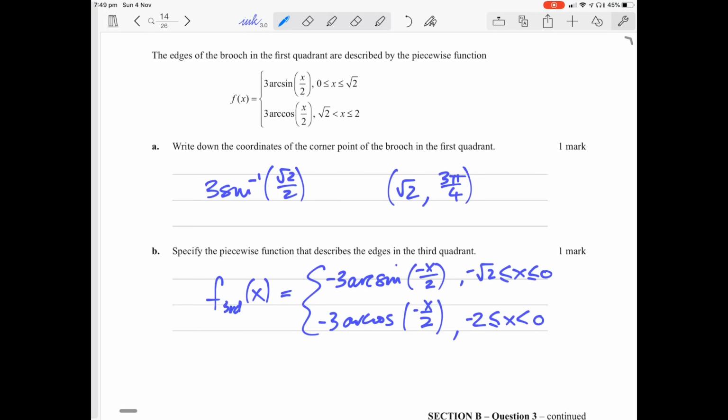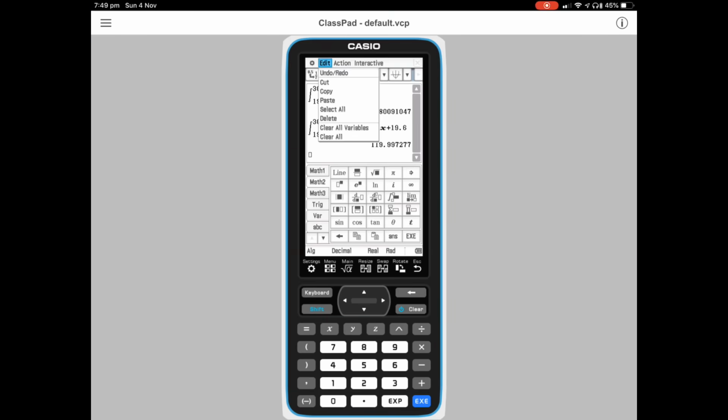I might just define it to check and make sure. So, clear all, piecewise function, where are we?